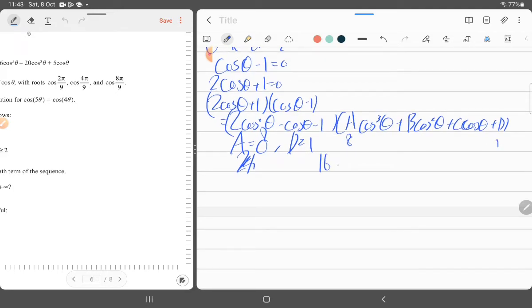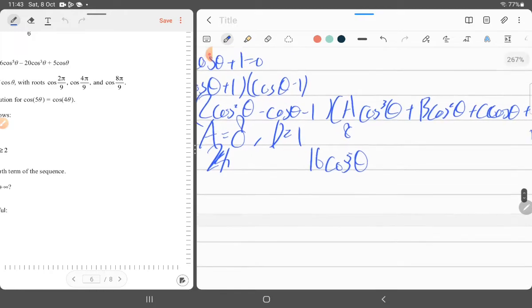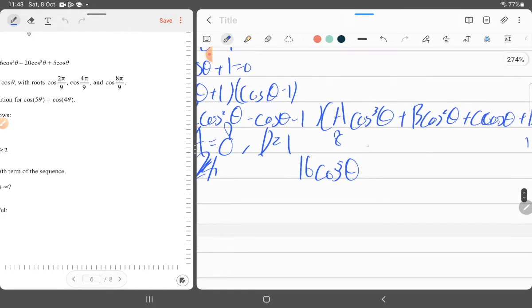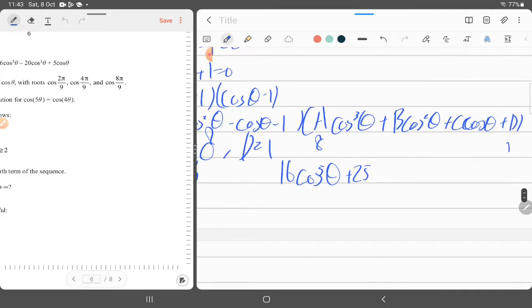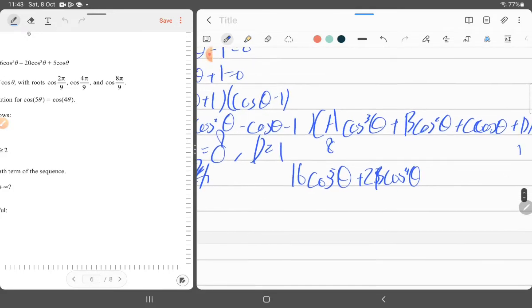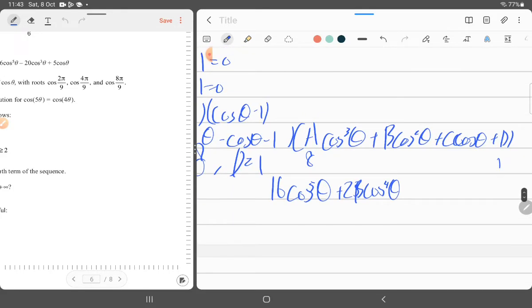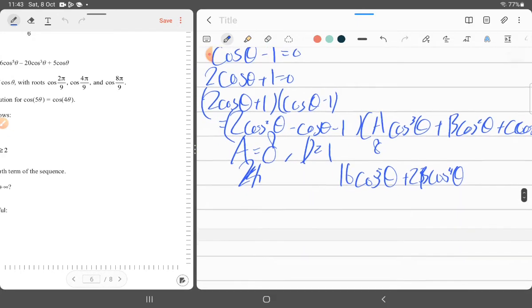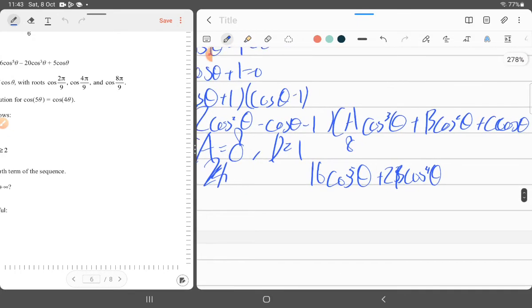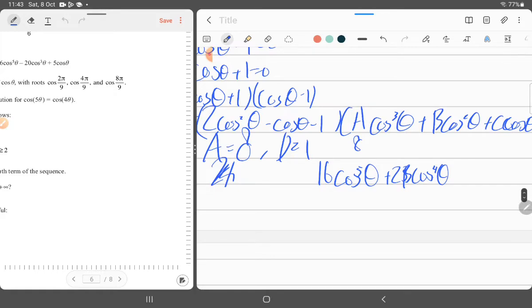So 16 cosine 5 theta plus 2b cosine to the power 4 theta. Right, actually, I could just try to connect the key parts. 2b cosine squared theta.